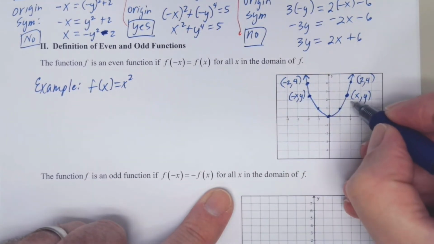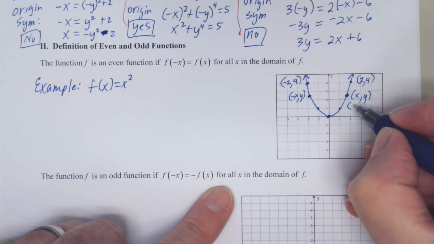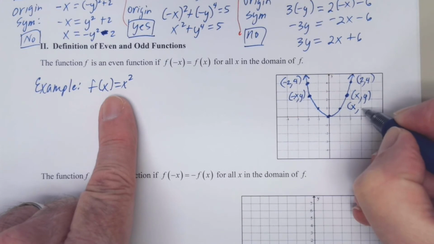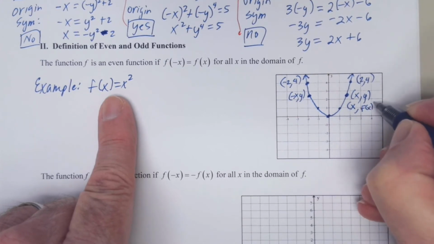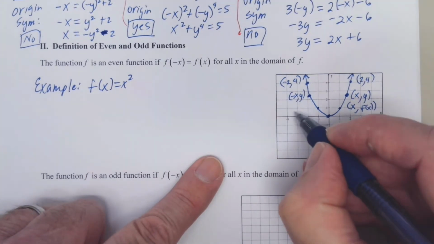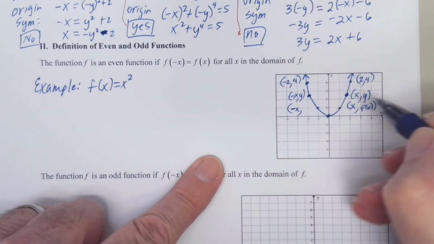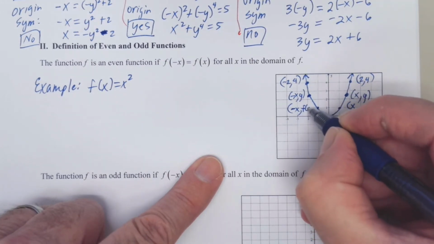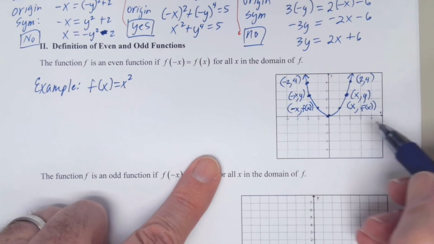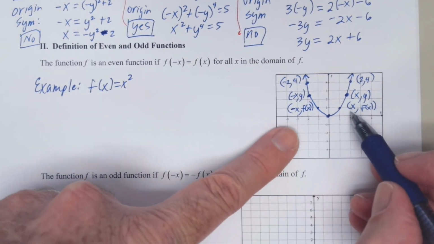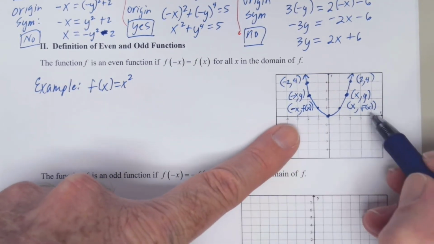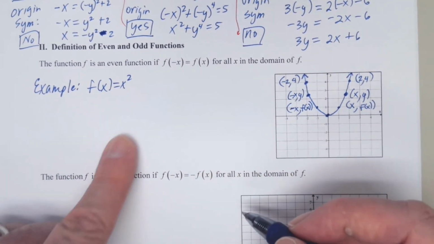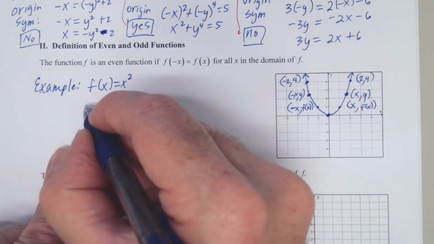Now I'm going to write this a different way. We could actually write this point, since we're dealing with a function here, as x comma f of x. And over here we have minus x. And notice we have the same y value, so we also call that f of x. So whether x is our input or minus x, our output is the same. So that's really what's going on here. So notice what we need to do is plug in minus x.